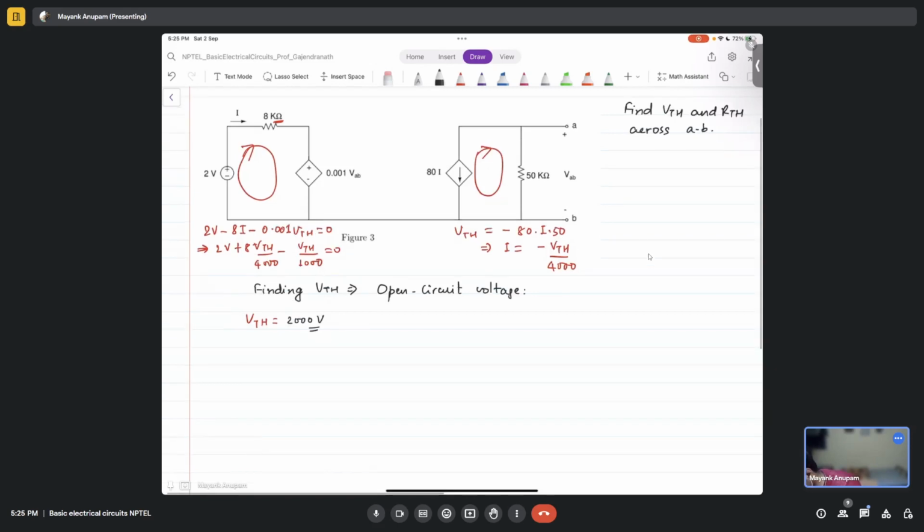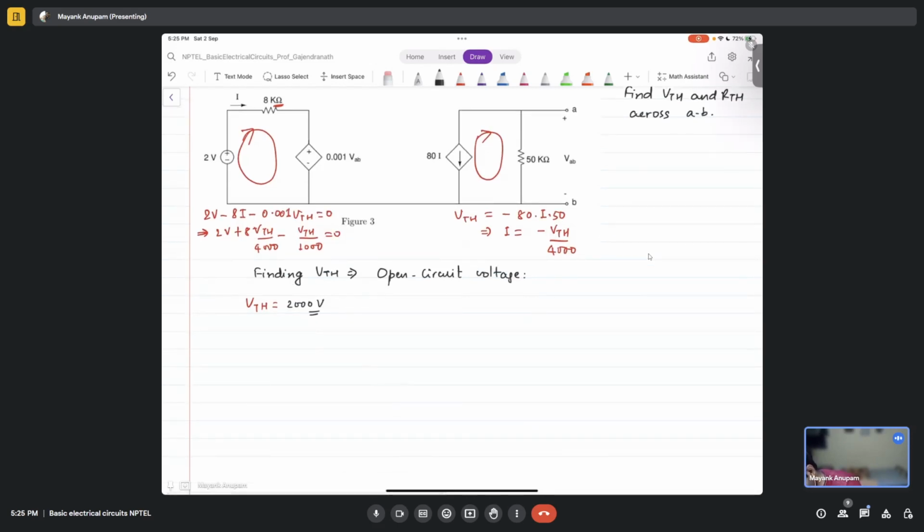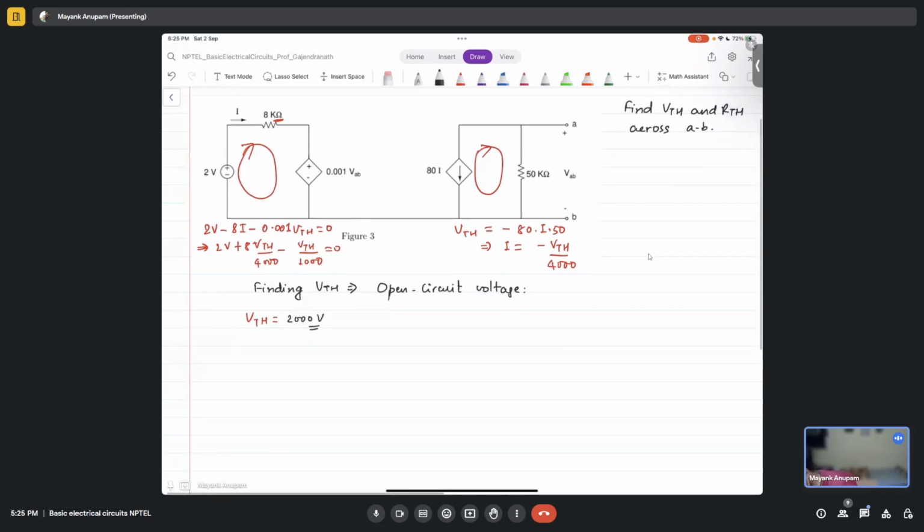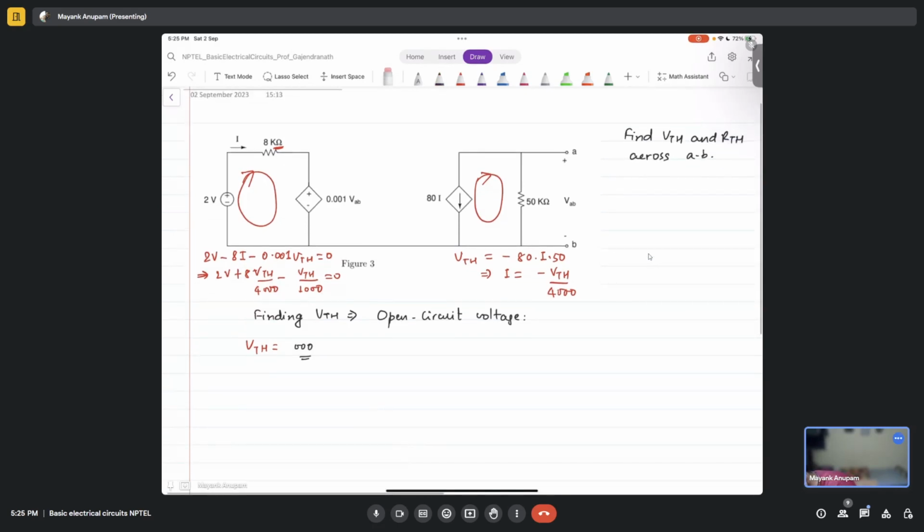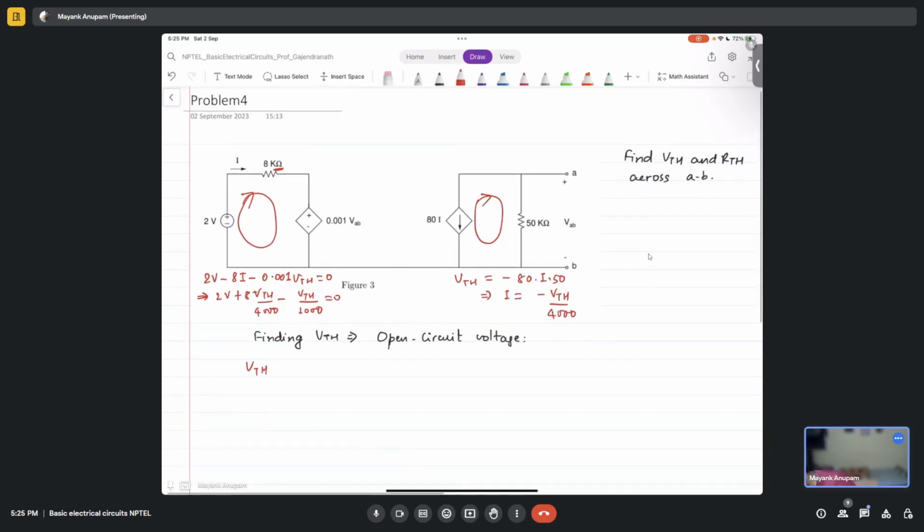Okay, that's fine. 2000. I is not in milliamperes. Oh, I made a mistake here. My assumption was that the current I is in milliamperes. However, it is not the case, so I'll have to take that into account. 50I means 50K.